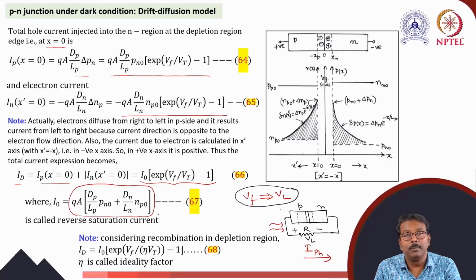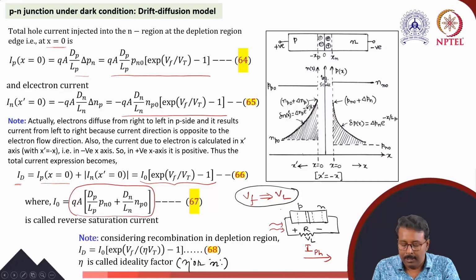If you consider the recombination at the junction due to the interface, an additional term eta, which is called the ideality factor, sometimes it is also represented as n, is included. The expression will be I0 exponential Vf by eta into Vt minus 1.